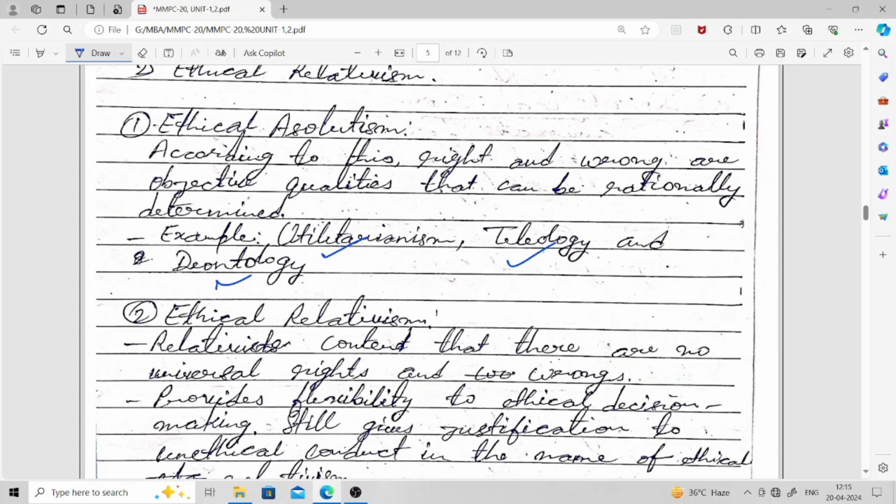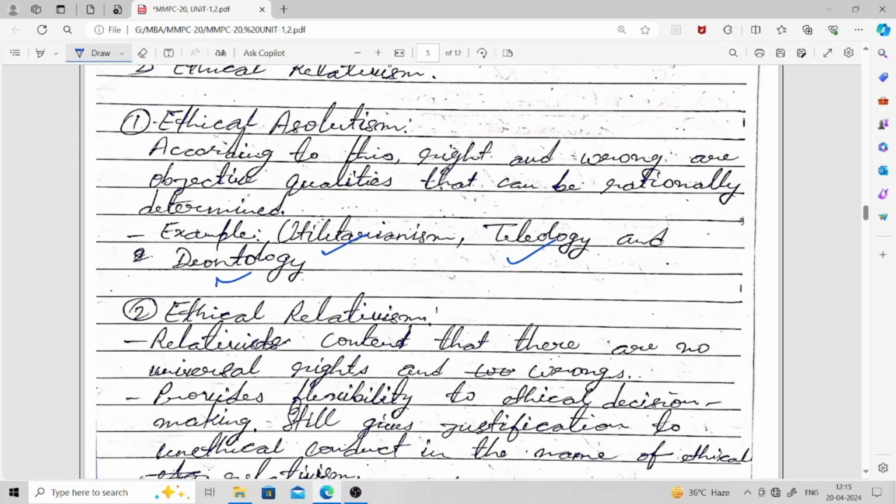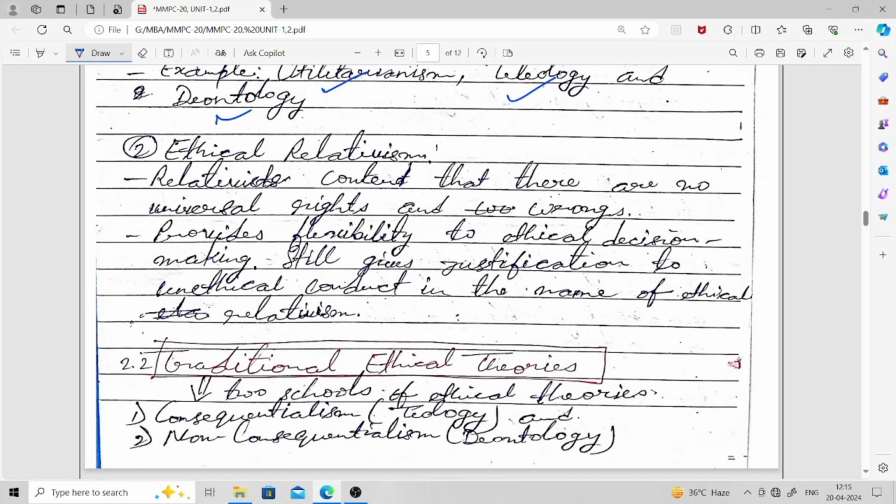So what is ethical relativism? Relativists contend that there are no universal rights and wrongs. In the case of ethical absolutism, there was objective rationality, meaning rationally we can say which one is right and which one is wrong.